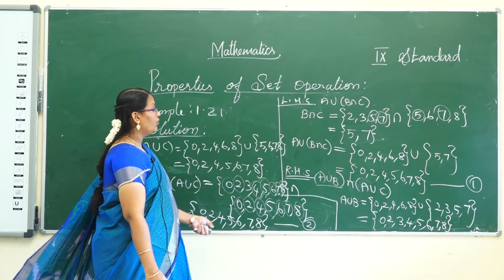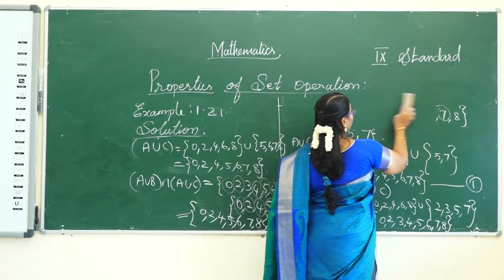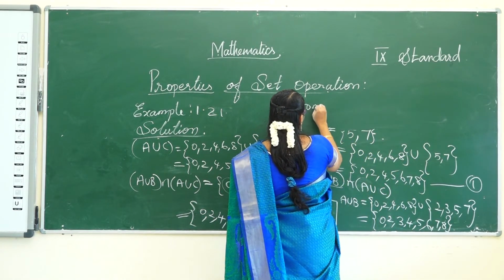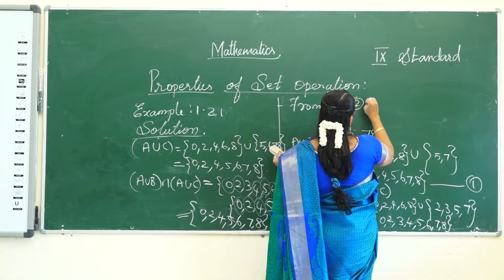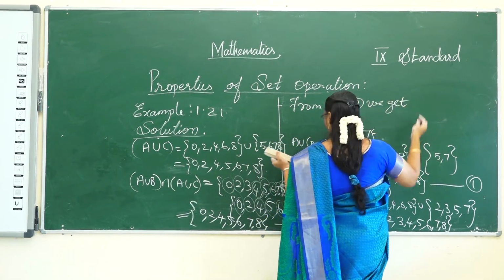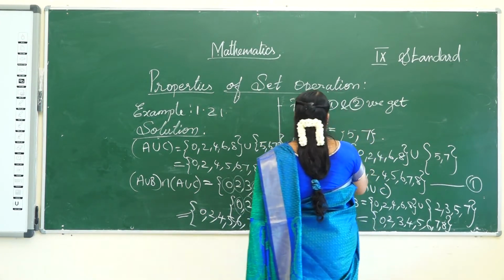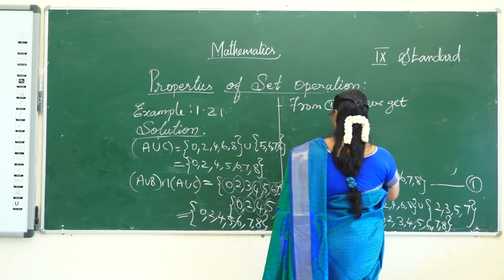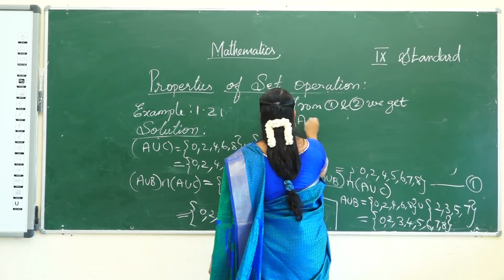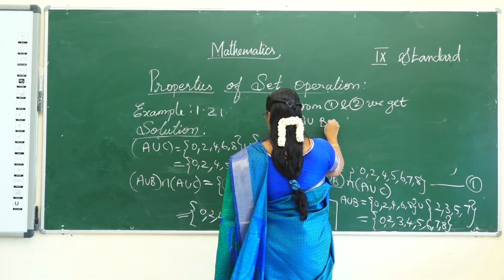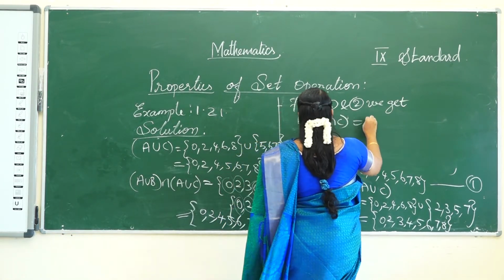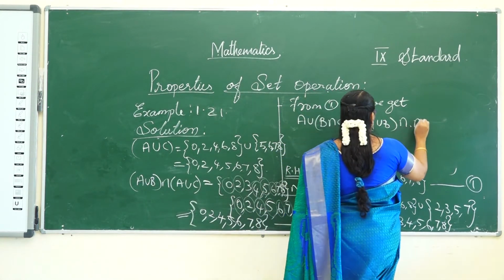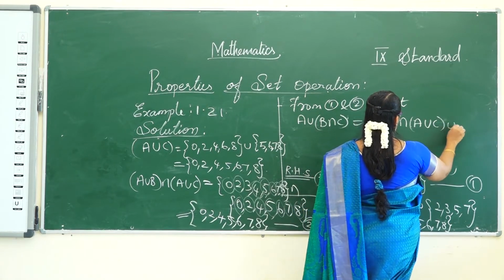So from 1 and 2 we get A union (B intersection C) is equal to (A union B) intersection (A union C). It is verified.